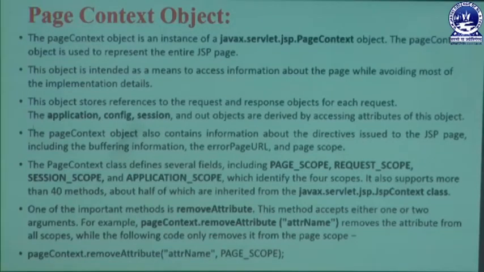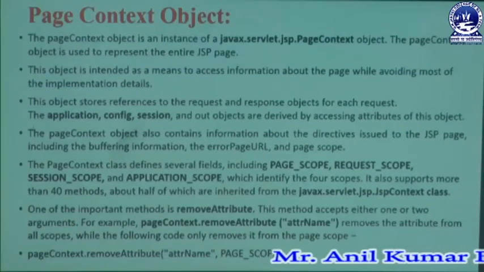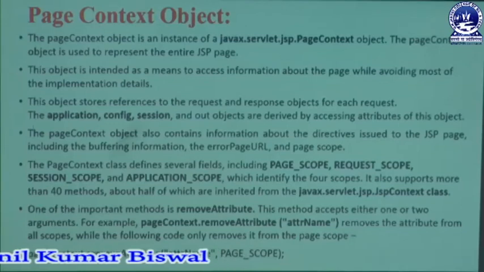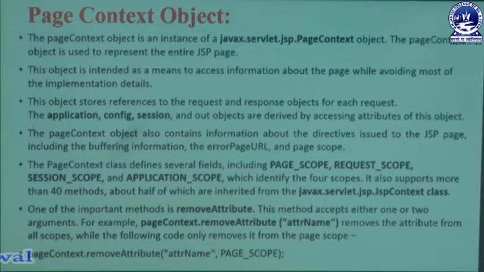If a user writes specific code related to the page context class, it defines several fields including page scope, request scope, session scope and application scope, which identify the 4 scopes.